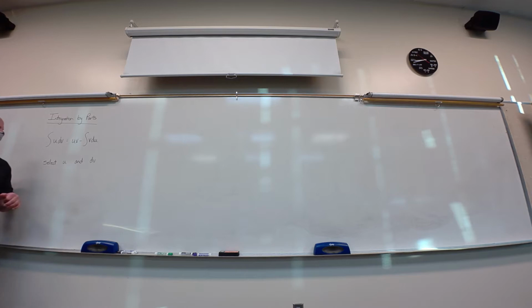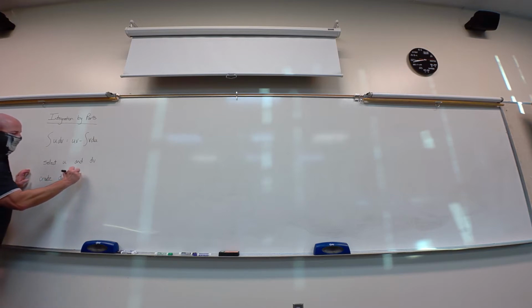So we're going to break it up where part of it is u and part of it is dv. The letters are arbitrary. The common ones are u and v. If we did a and b, you'd have a, db. Doesn't matter. Okay. When we select these two, this then creates du and v.